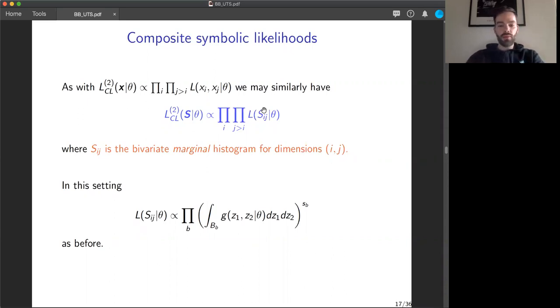So how do you work out the pairwise marginal likelihood? Well, you just take the product over the bins that you have in this bivariate histogram of the bin probabilities, which is the integral of the pairwise max-stable distribution that you have over this bin, and you raise it to the pair counts that you have.